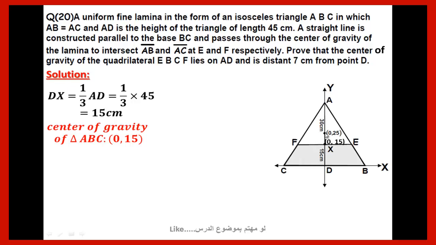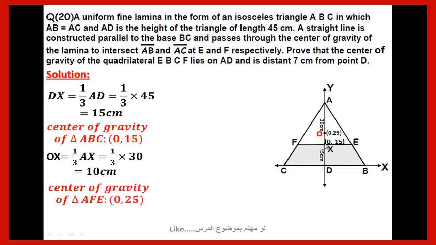So we can say OX equals 1/3 AX, which is 1/3 multiply 30 equals 10.